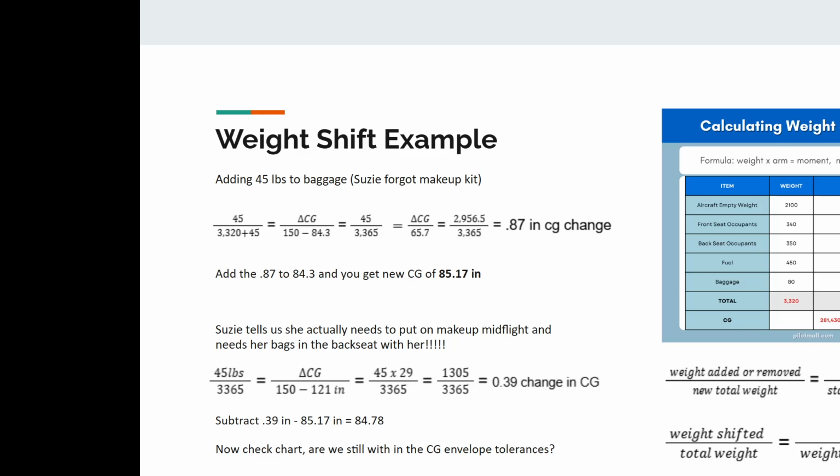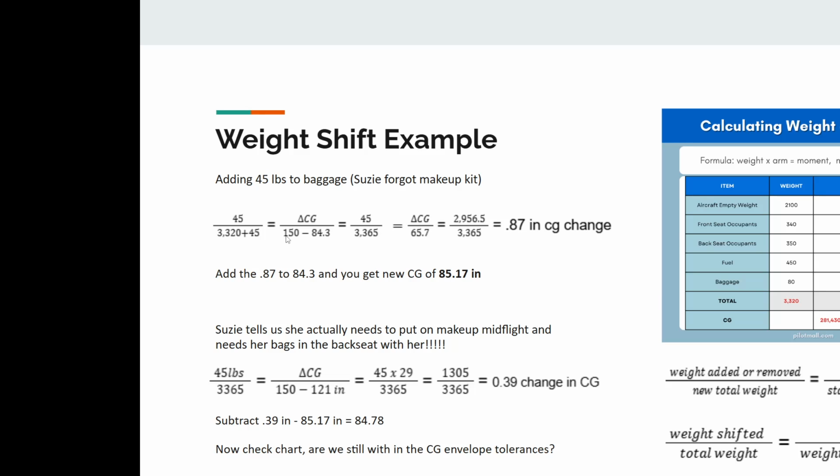But we need to also find the station change minus the old center of gravity. So we take the center of gravity that we calculated, 84.3, and we subtract it from the station. So let's say Susie's going to put that 45-pound makeup kit in the baggage compartment. And so we know this arm, this station, is 150 inches from the reference datum.